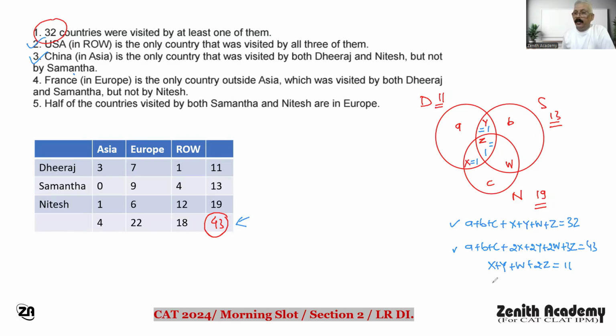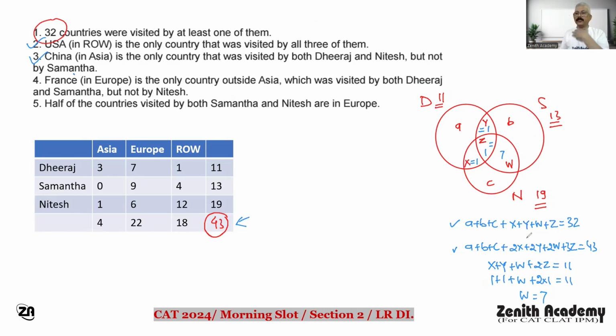X is given 1, Y is given 1, W is not given, and Z is given 2. So 1 plus 1 plus 2 plus W is 11, so W is equal to 7. So there are 7 cities where Samantha and Nitesh went together, not Dheeraj. Correct. It is clear.